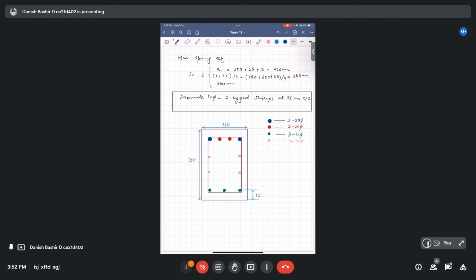So our effective depth comes out to be 700. Effective cover is this one, so this comes out to be 700. Okay, 350, 410.